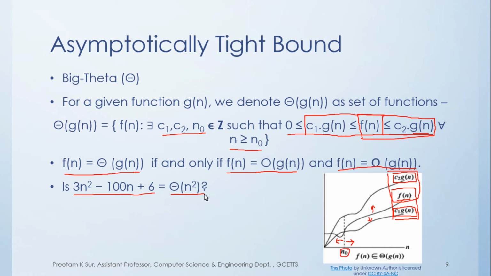Without further analysis, you can tell yes, because we have already seen that 3n squared minus 100n plus 6 is both upper bounded and lower bounded by n squared, right? So if you have to find out the value of c1, c2 and n0, you can find those values from the previous slide, apply them over here, and tell that 3n square minus 100n plus 6 gives you an asymptotically tight bound by n squared.